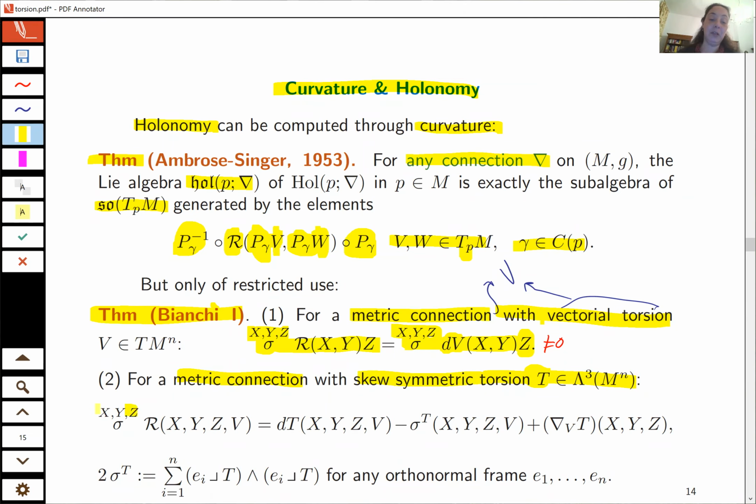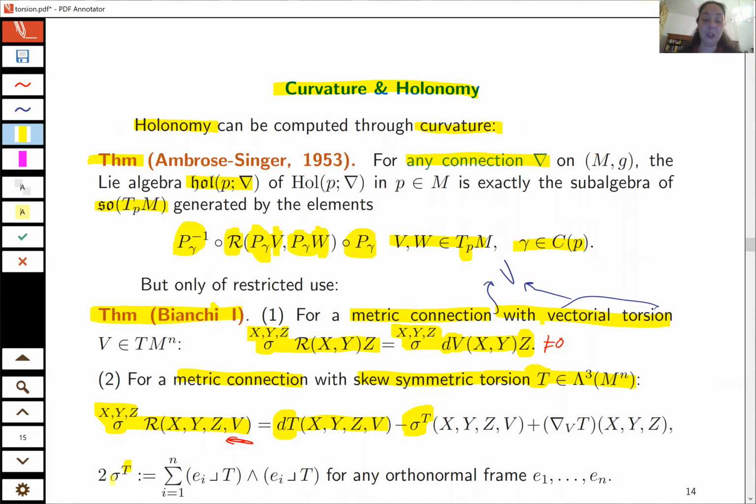Then again, you will look at this cyclic sum of R(X,Y)Z, and I take the scalar product with an additional vector field V, because that makes it easier to write down, because this is going to be a four-form part, which is the differential of T, dT, evaluated at exactly the same vector fields X, Y, Z, V, minus an algebraic term. Now, this algebraic term is extremely interesting.